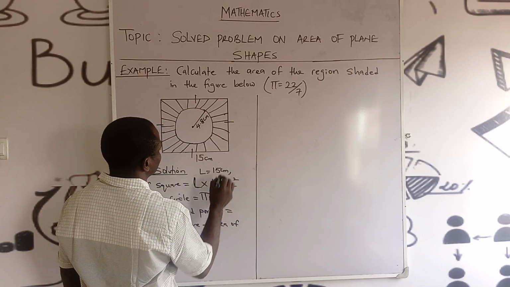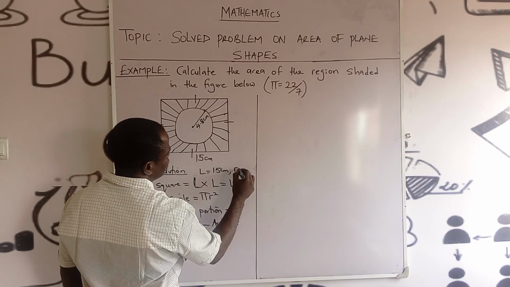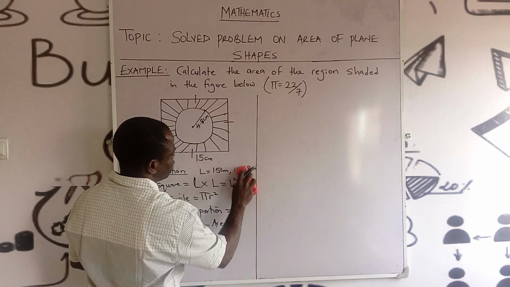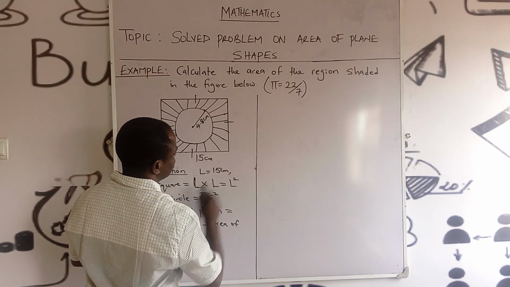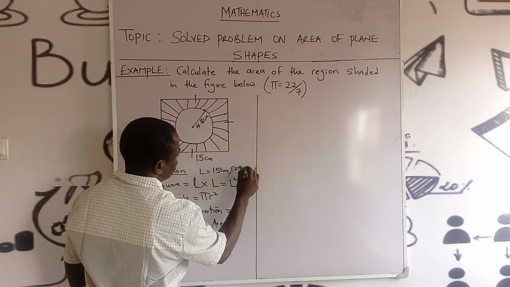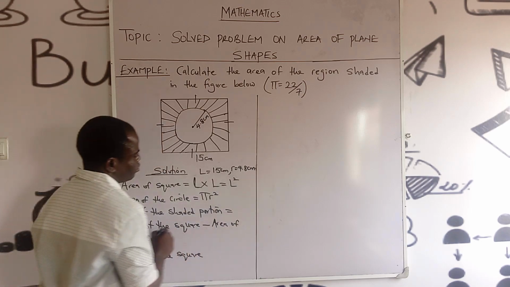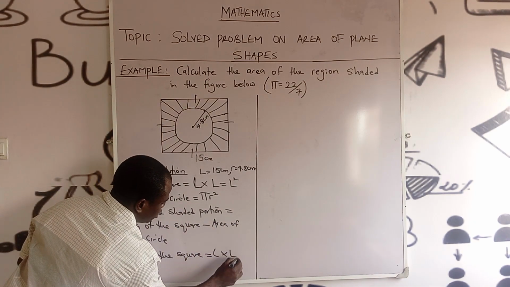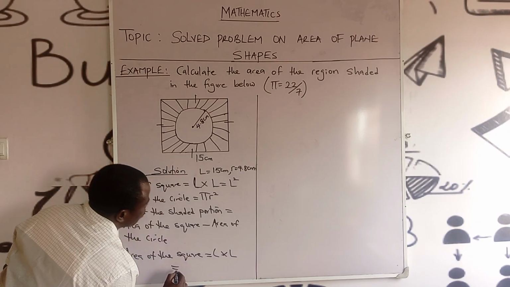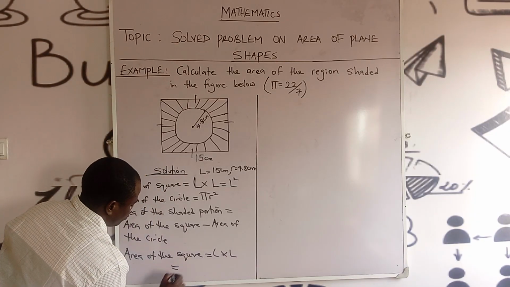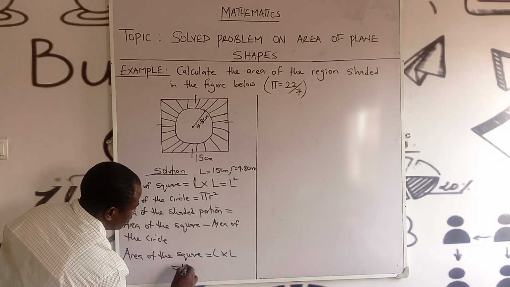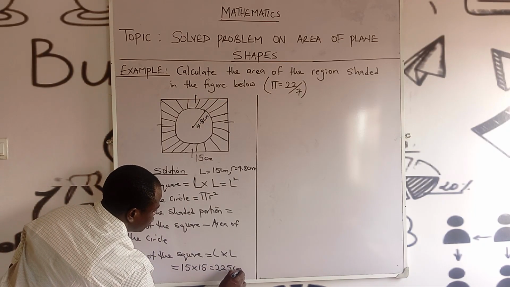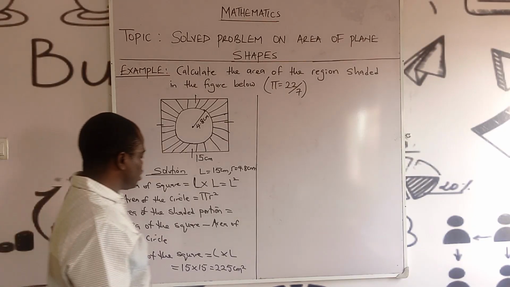The length is 15 and the radius of the circle is 4.8 centimeter. Now area of the square, which is length times length, is equal to 15 times 15, which is 225 centimeter squared. That's the area of the square.